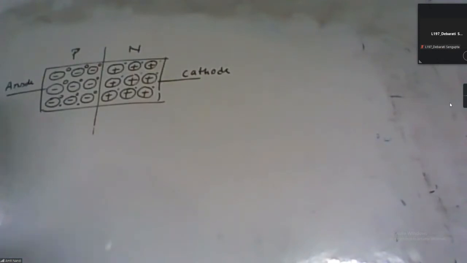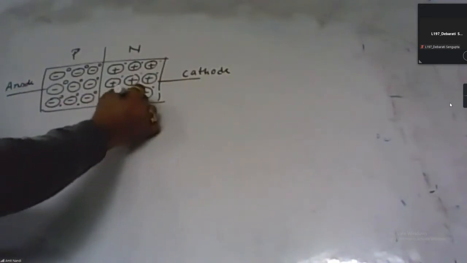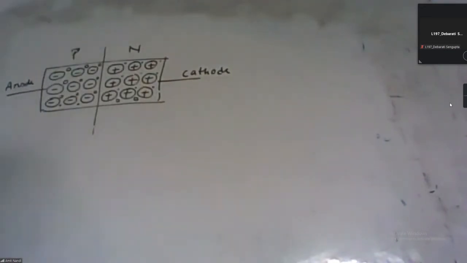In the previous class, we said that in p-type semiconductor material the majority charge carriers are holes, and they are greater in number than free electrons. The same holds for n-type semiconductor material. Here also some minority charge carriers are present, namely holes, because in n-type material the number of free electrons is greater than the number of free holes.